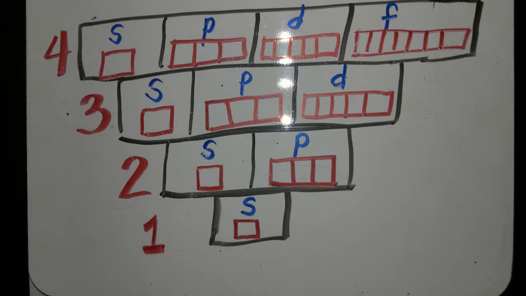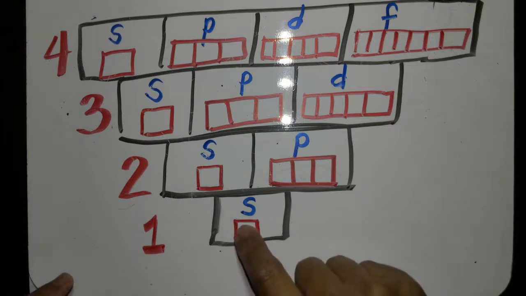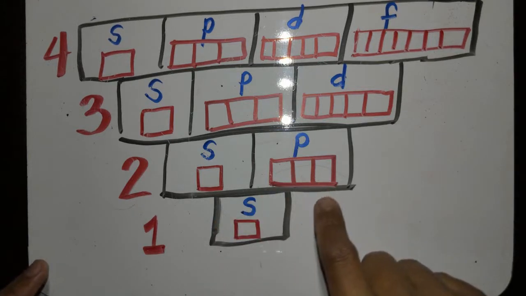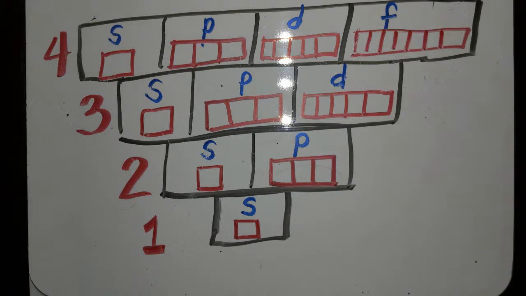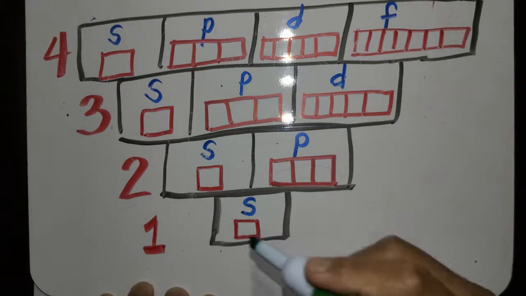So what happens when there is a limit of 2 electrons in every box? Because the electrons are always moving, these electrons have to spin in opposite directions, clockwise and counterclockwise. So when we represent the spinning, in every box there should be 2 electrons.